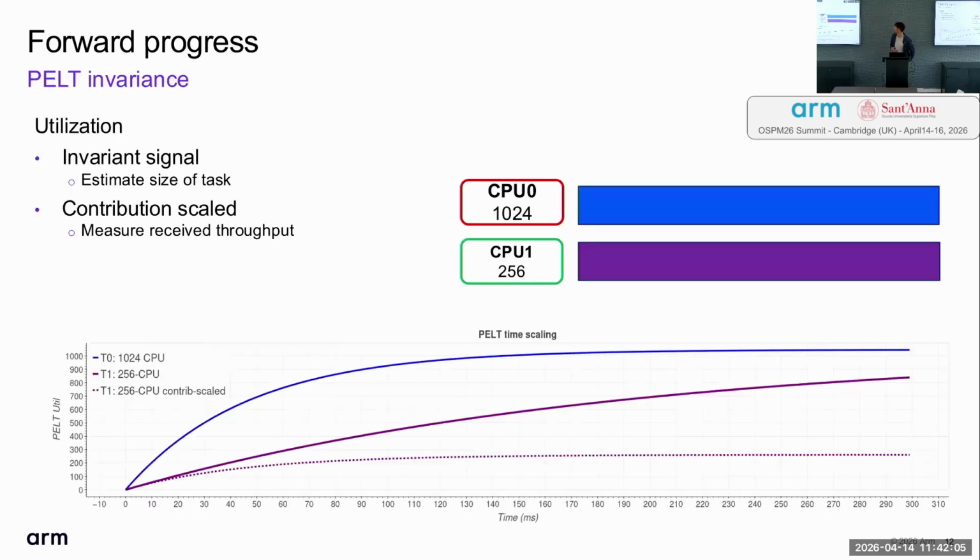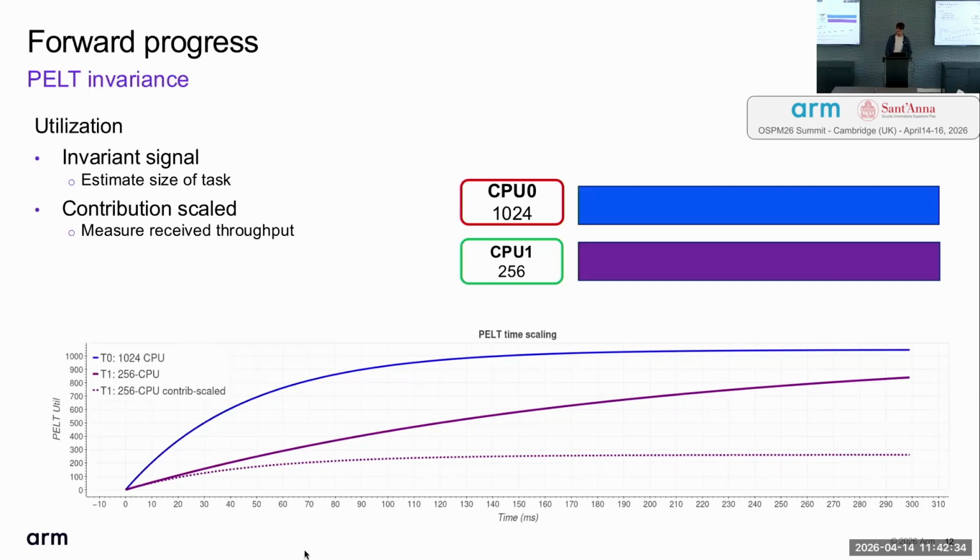For instance, we have in blue a task running on a big CPU, and in purple a task running on a small CPU. Right now we have PELT, which is an invariant signal, which means, as I said, we are trying to estimate the size of a task. So for the two tasks, at some point, we should consider that they are really big and should reach the maximal value, which is 1024.